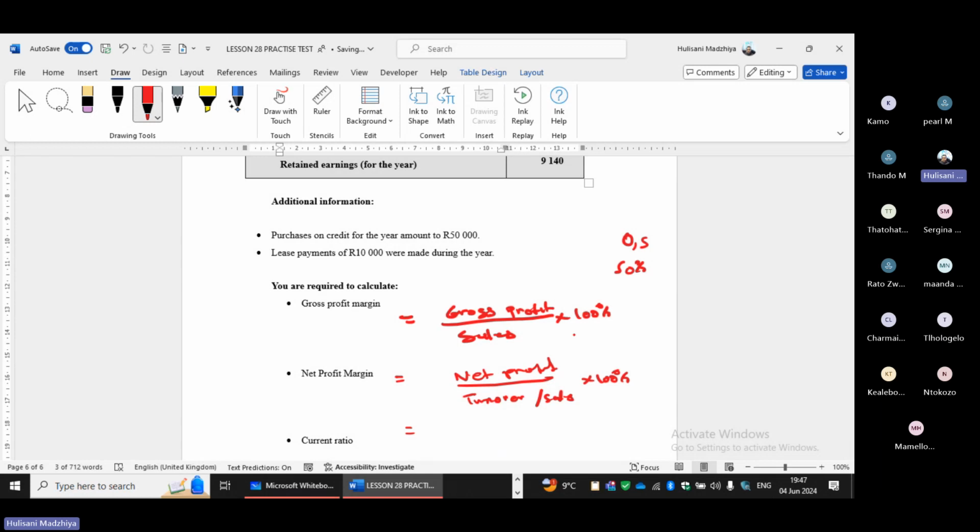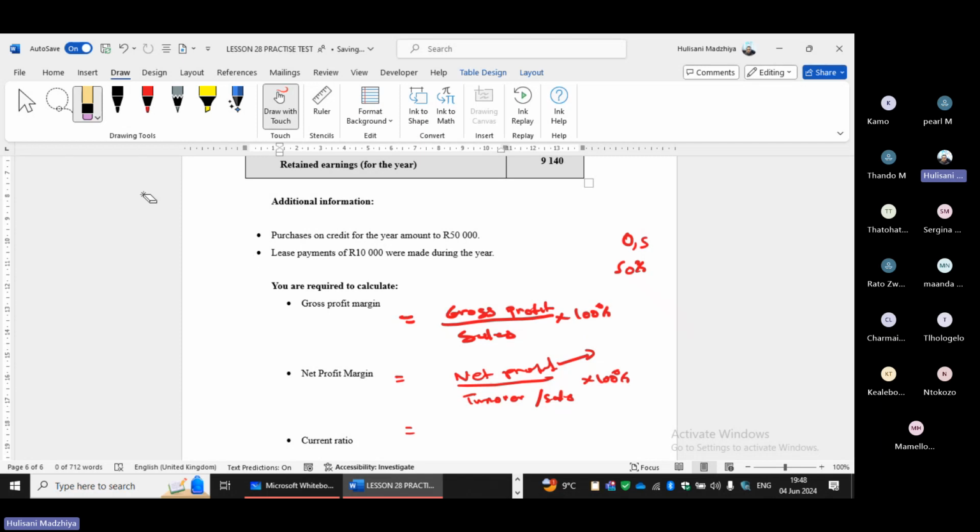So net profit is profit after tax. Just note that down, that net profit is also known as net profit after tax. So that will be net profit or profit after tax divided by sales, or rather divided by turnover. And then you calculate. So this one is much easier.